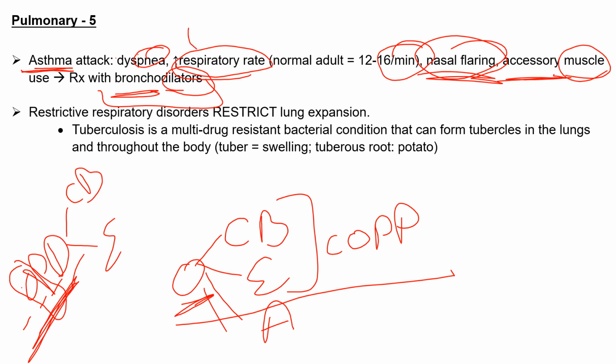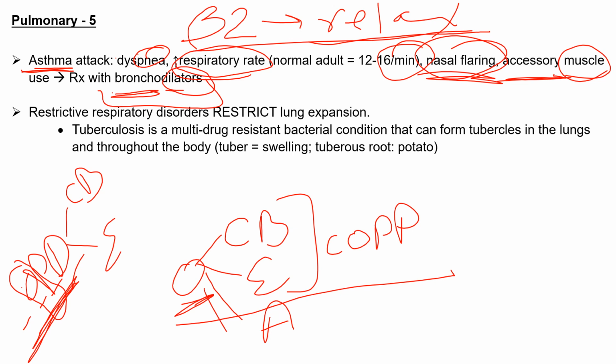Just for your pharmacology courses, those are beta 2 agonists, and they relax the muscles of the bronchi, and that's why they're called bronchodilators. Beta 2 agonists, bronchodilators can save life when a patient has an asthma attack. Given immediately and act immediately.